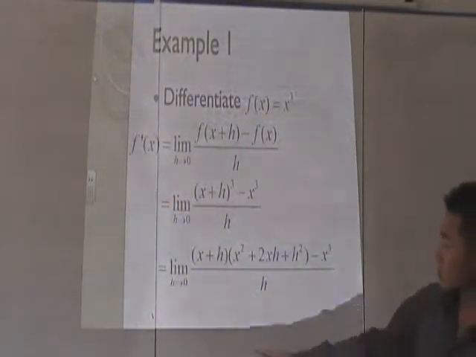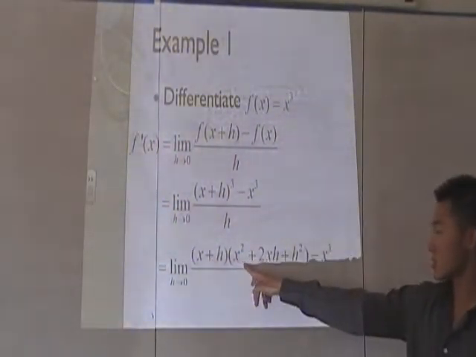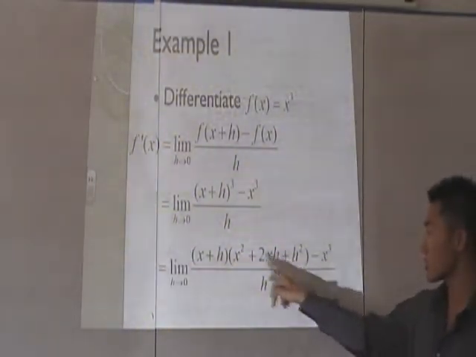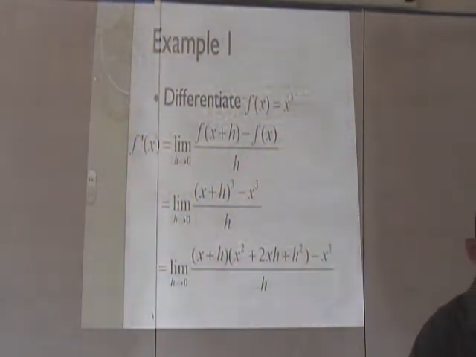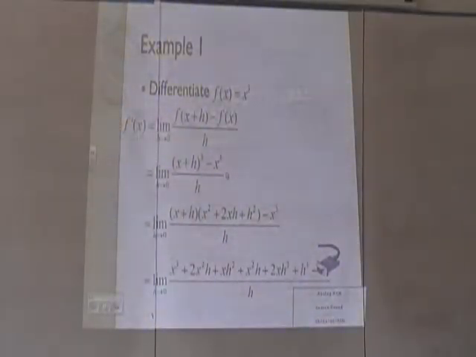Okay, so distribute your x. So x times all of those. h times all of those gives you that.